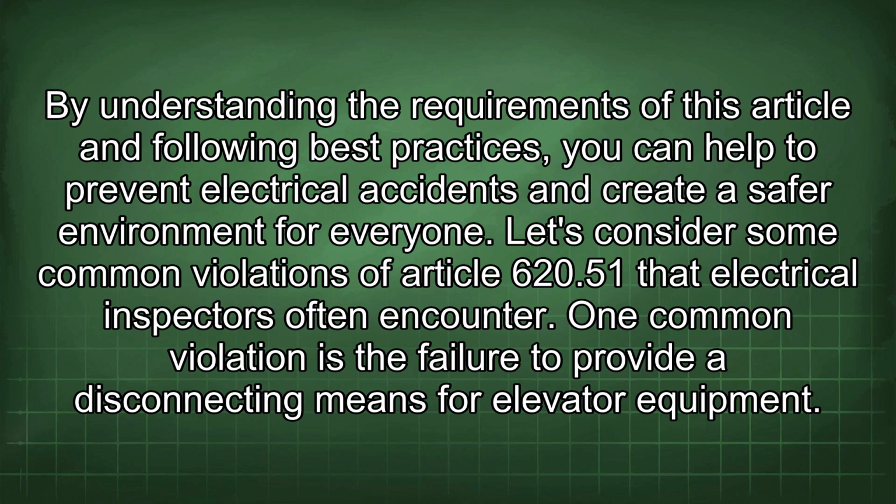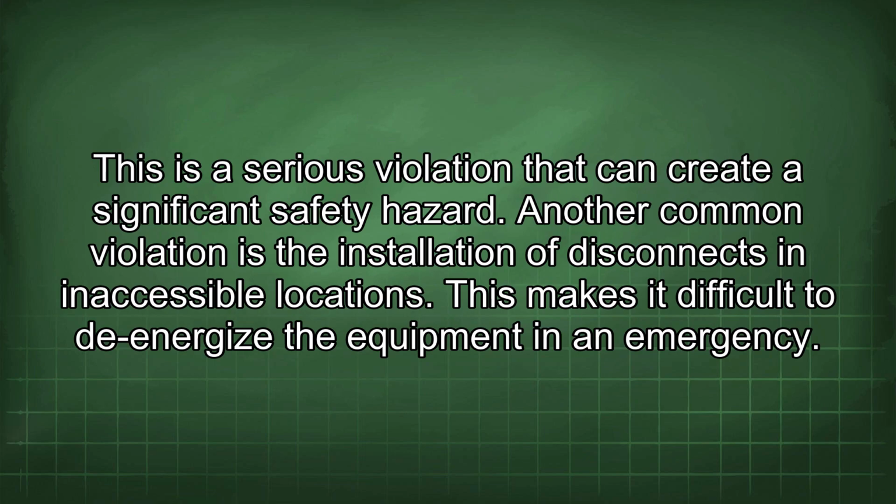Let's consider some common violations of Article 620.51 that electrical inspectors often encounter. One common violation is the failure to provide a disconnecting means for elevator equipment. This is a serious violation that can create a significant safety hazard. Another common violation is the installation of disconnects in inaccessible locations.